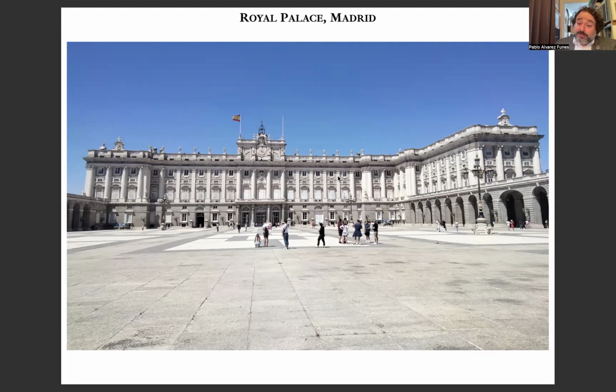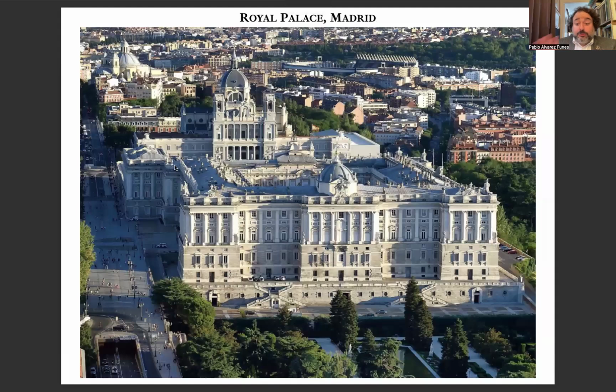It's an anta, and you can very clearly see here on the side the anta converted into a pilaster, or an impost converted into a pilaster. A very interesting resource that they took here, and that continues all over the palace, and therefore helping you to do the front and back of the palace. And as you can see, it is this movement that is creating the hierarchy and the importance here.